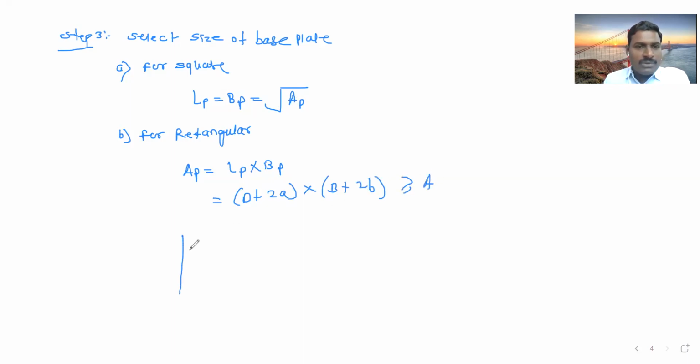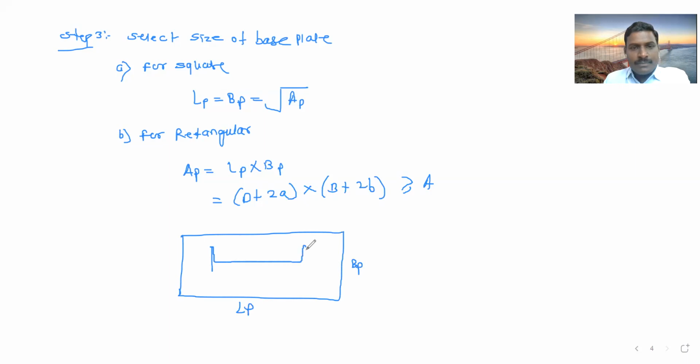So how this 2A and B? See here. So this is LP, this is BP. So this will be your I section. Okay, it means here this is A. Please draw fast. This is the depth of section.